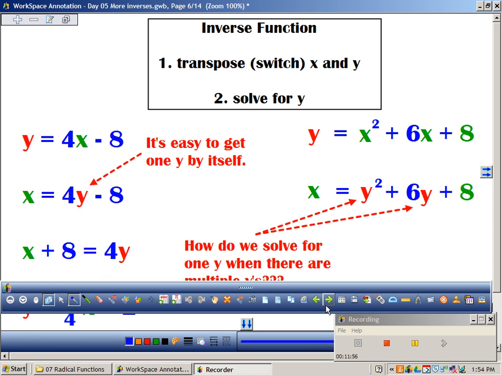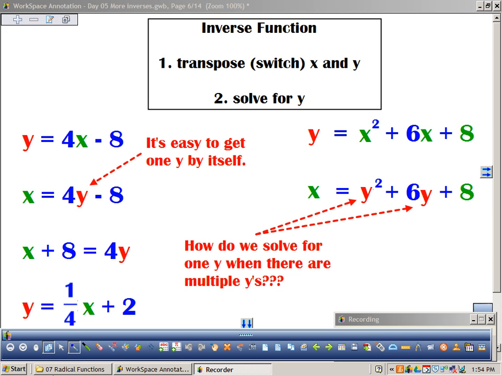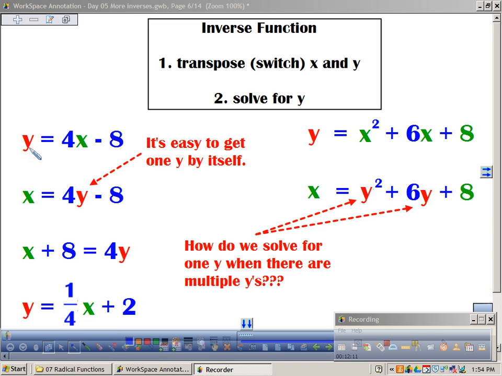Okay. All right, so I have a challenge for you. I need everybody's attention, please. So this is what we did in the very beginning, right? If I have y equals 4x minus 8, that's a line, right, with a slope of 4 over 1. And then this one's really easy to get y by itself. If I want to find the inverse of it, I just switch x and y, correct?